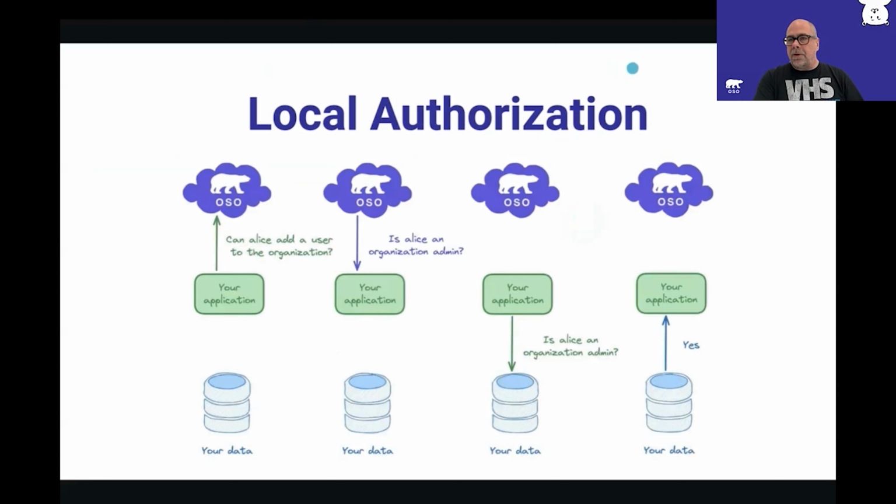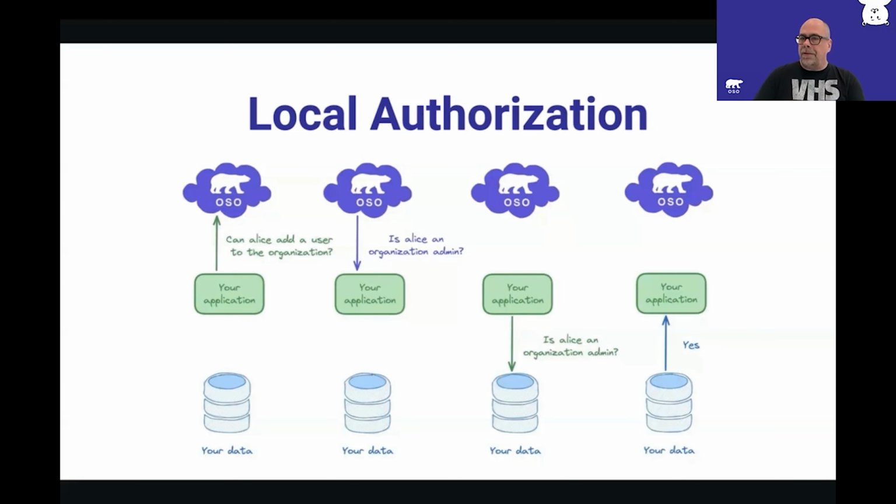This is just a quick view of what we're going to be seeing in our demonstration today when we talk about local authorization. Our application will ask OSO, can Alice add a user to the organization? OSO, rather than returning yes or no, is actually going to return, is Alice an organization admin?